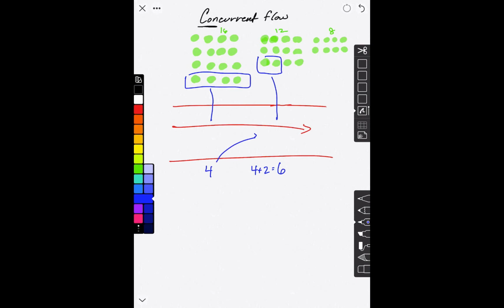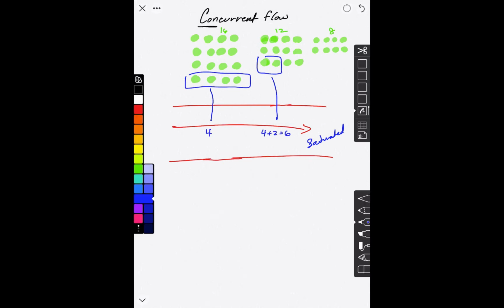So by the time we reach this area here that has 8, half of 8 is 4, this means that we are already saturated. We can't accept any more. And so that creates a limitation. Now, let's reverse the flow and see what happens.